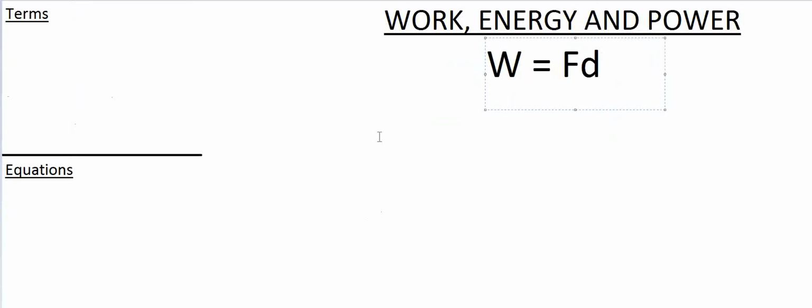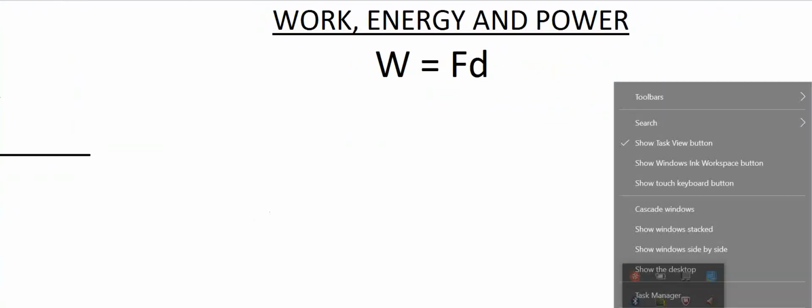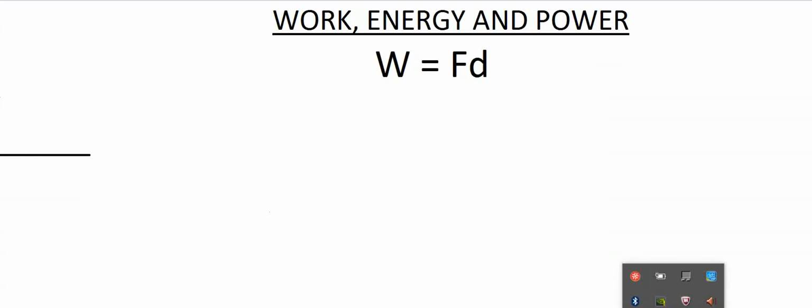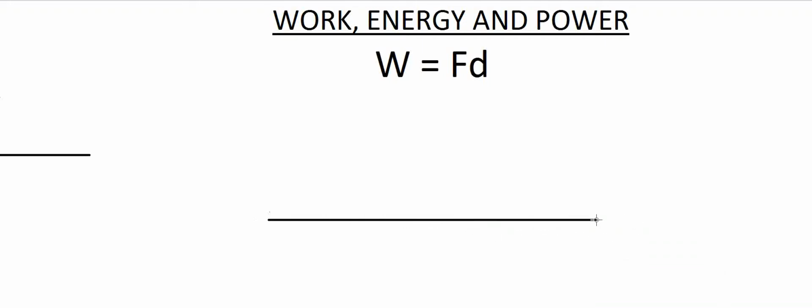Work equals force times distance, as simple as that. What it means is, let's say there's a ground and you have an object moving on the ground.